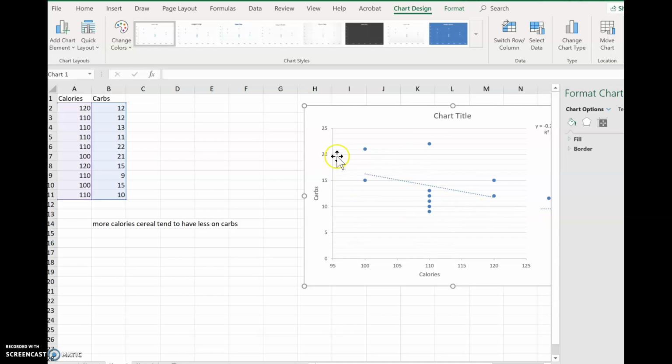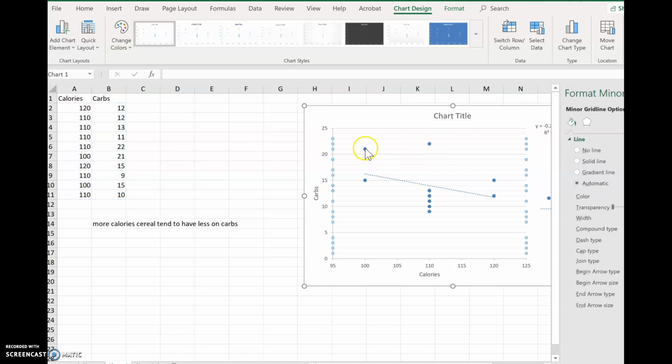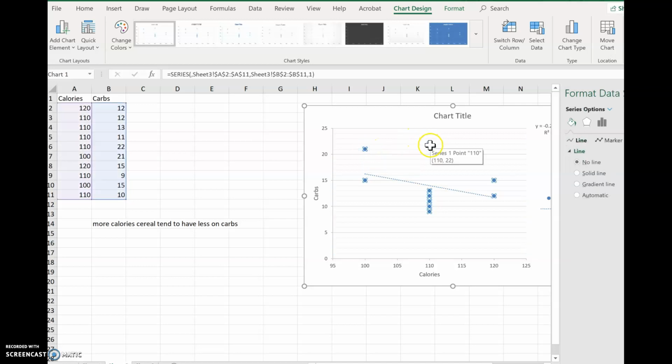Again, this is just speaking in general. It doesn't mean it holds for every pair. If you compare these two data points, you can see I increase the calorie level but also increase the carb level. And in this one, I increase the calorie level but the carbs remain the same.